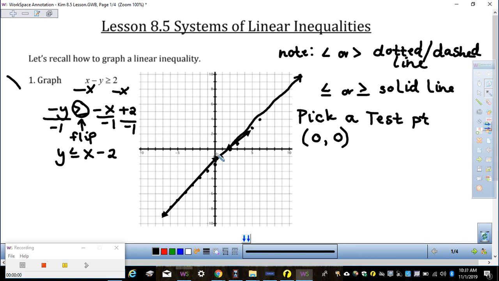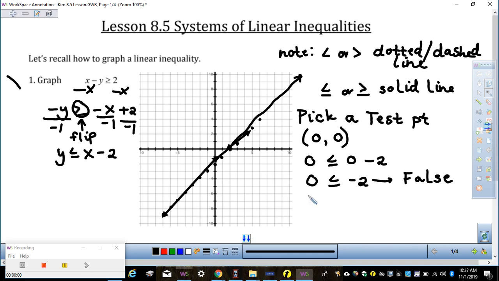So if I plug 0, 0 into my new inequality, I get 0 is less than or equal to 0 minus 2, which means 0 is less than or equal to negative 2. So then you're asking yourself, is this a true statement or a false statement? In this case, it is false. 0 is not less than or equal to negative 2.